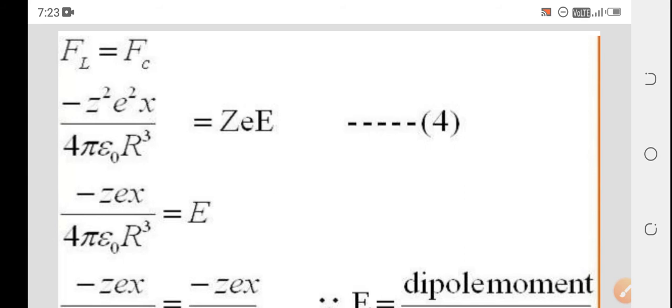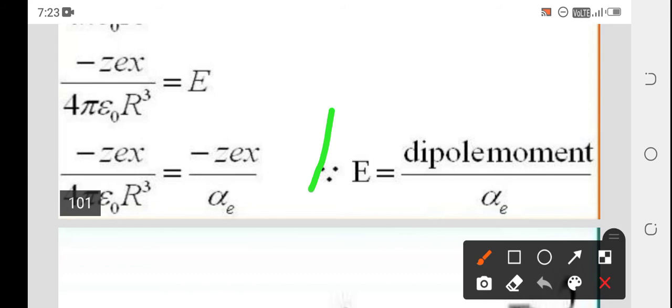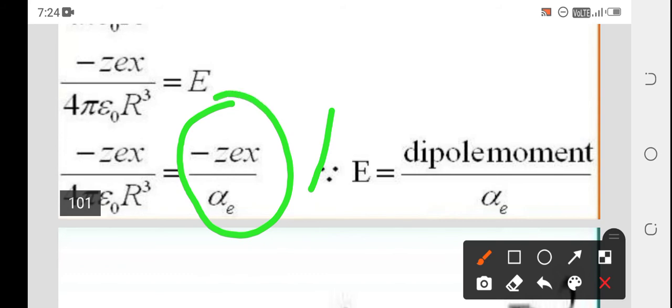Here Ze will be cancelled out, and finally we get E equal to Zex by alpha, where E is the dipole moment by the electronic polarizability.